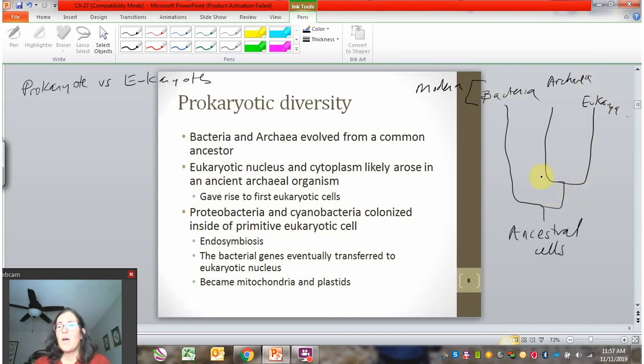And so one of the things I want to make sure to point out about this lineage is what this suggests: a more recent common ancestor for archaea and eukarya. So archaea and eukarya are more closely related to each other than either are to bacteria. And this surprised scientists and of course most people as well, because bacteria and archaea are both prokaryotic.